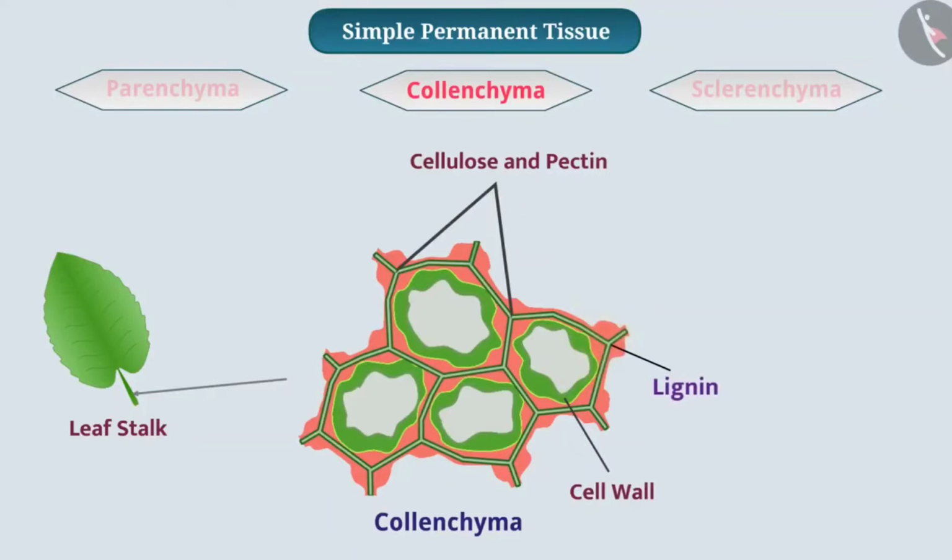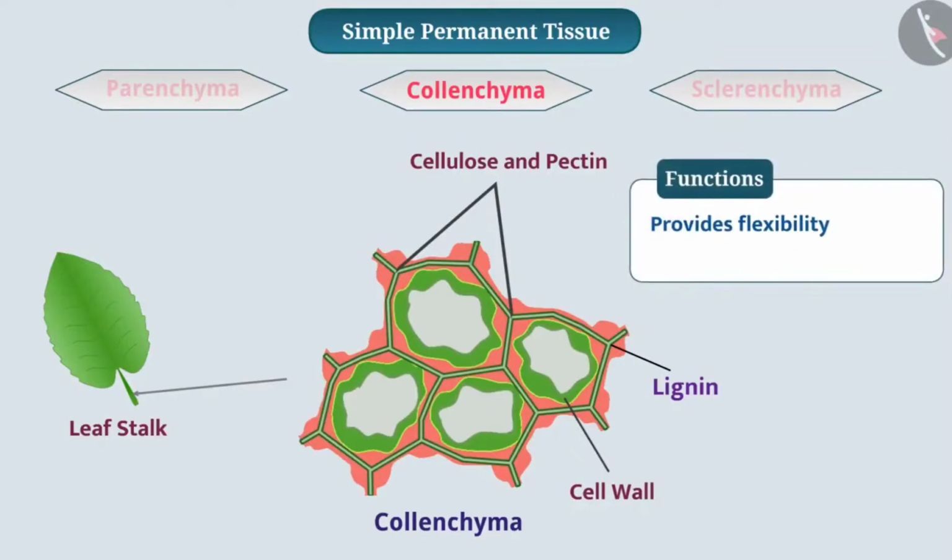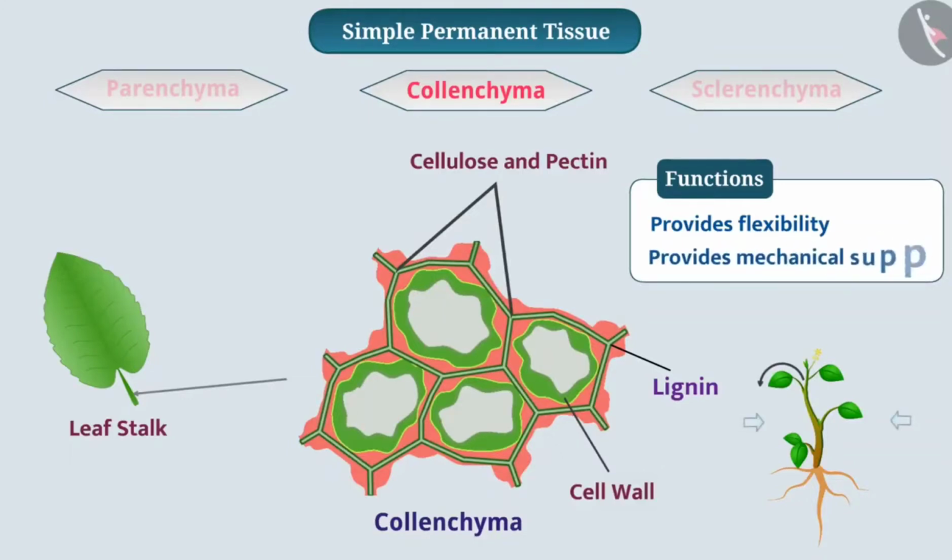Lignin is present in the corners of the cells of the collenchyma tissue. Collenchyma provides flexibility to plants, due to which some parts of the plants, such as stem and leaves, bend easily without breaking. And it also provides mechanical support to the plants.